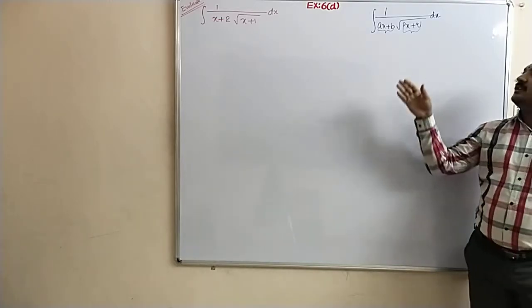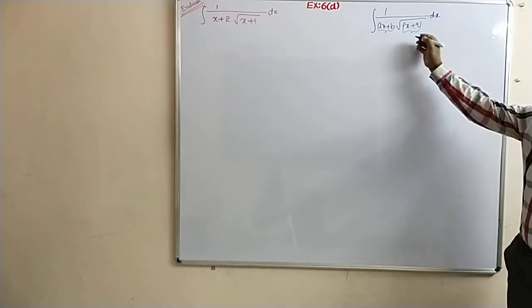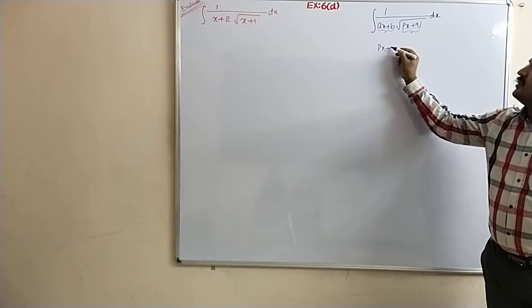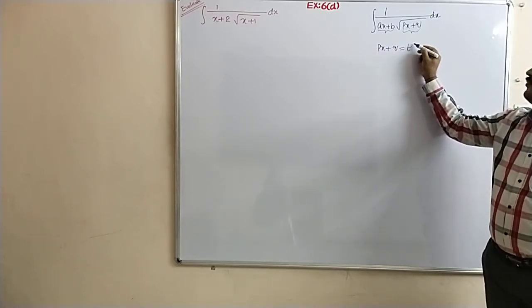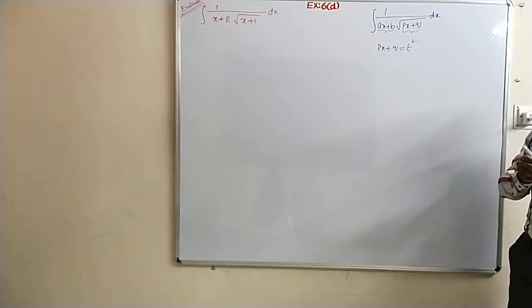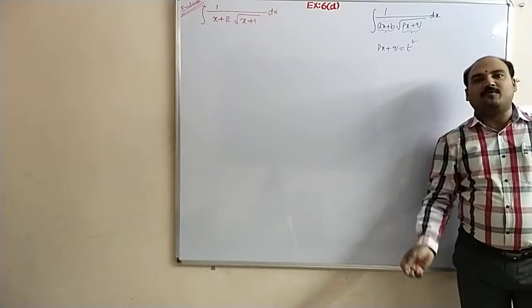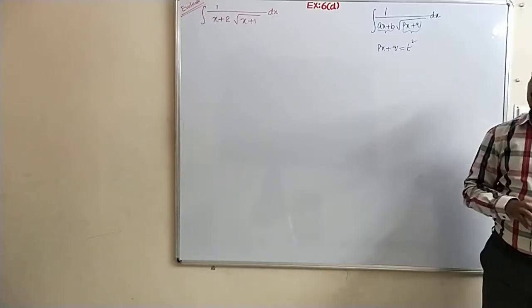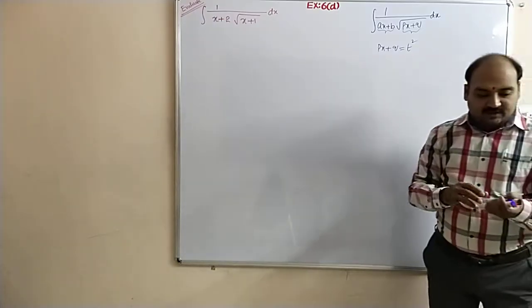To evaluate these types of problems, take the under root value px plus q equal to t square. After that, make x the subject, then integrate and apply the proper formula to get the answer. We will discuss an example for this.